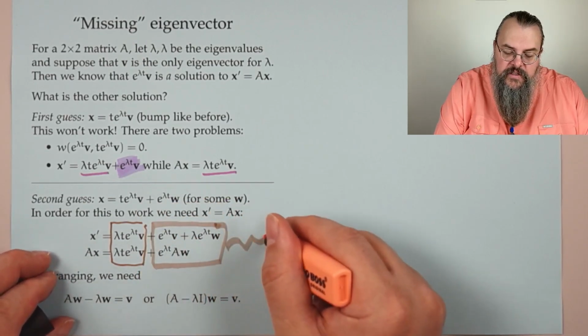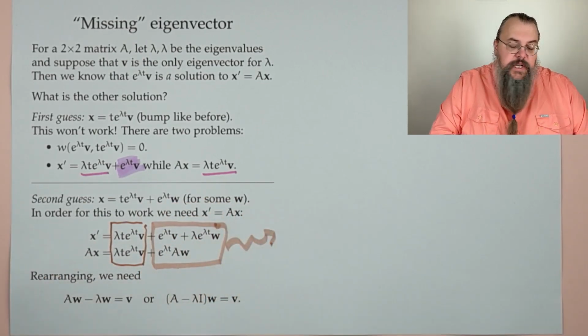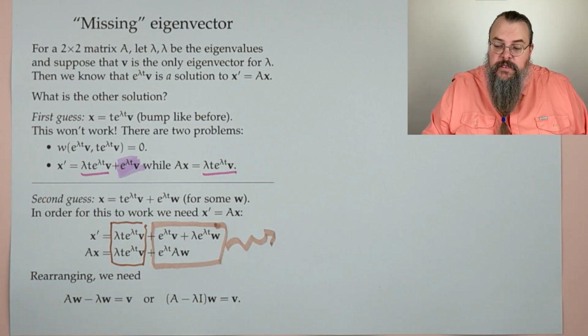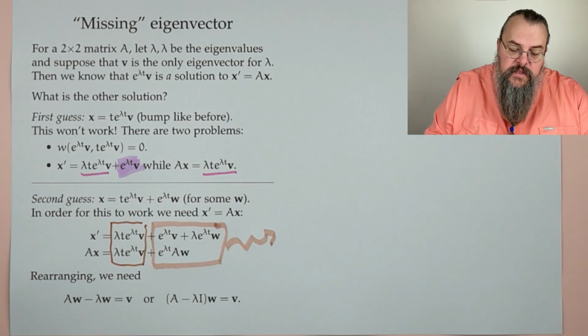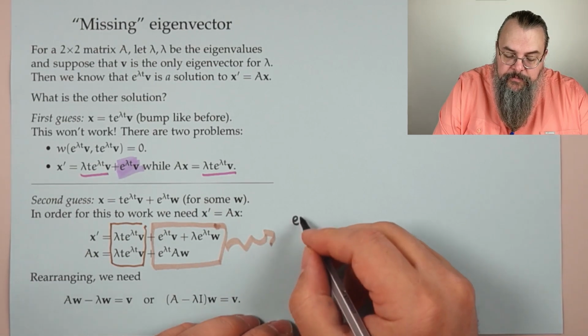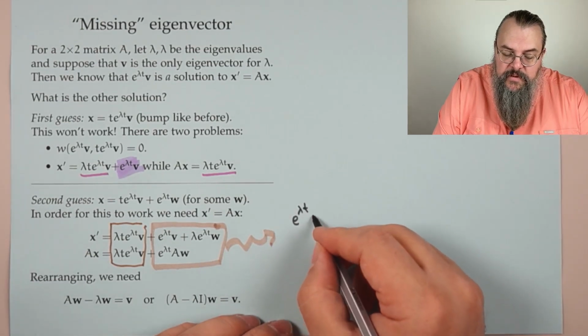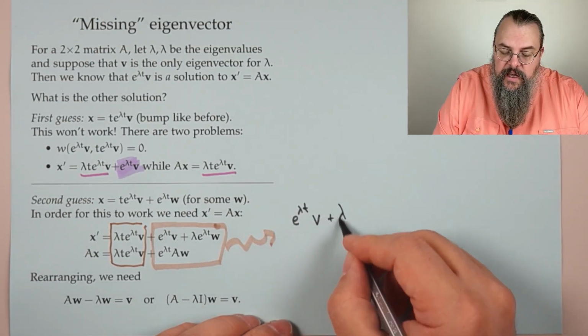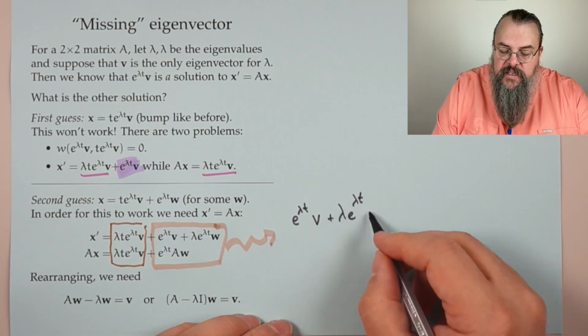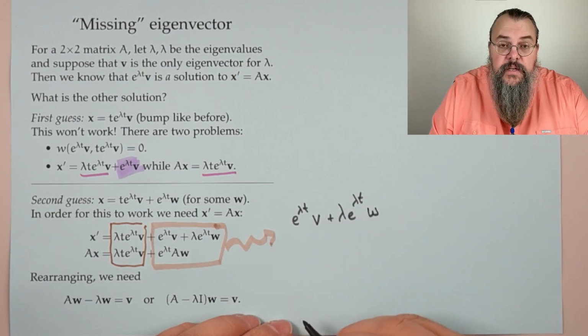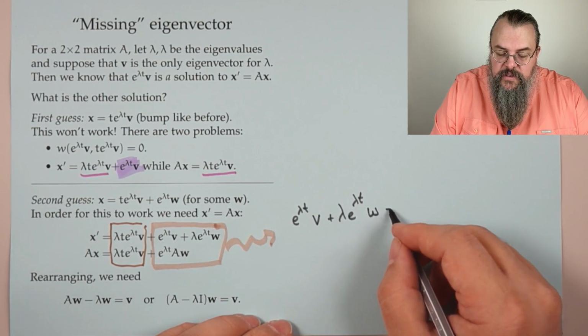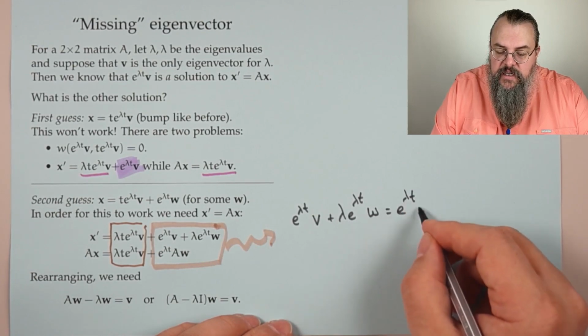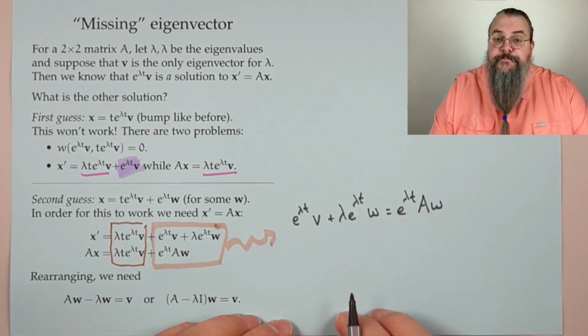All right, so let's think about this. We need to have the following, namely, we need to have e to the lambda t times our vector v plus lambda e to the lambda t times our vector w needs to be equal to e to the lambda t A times w.